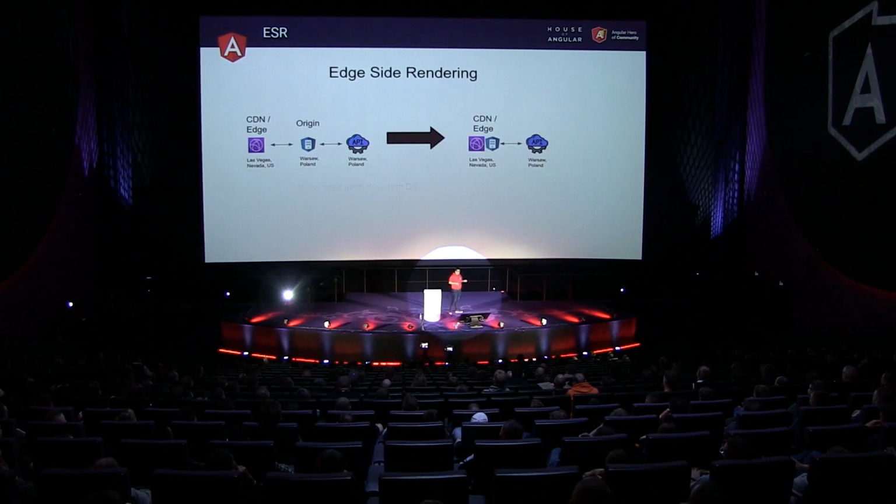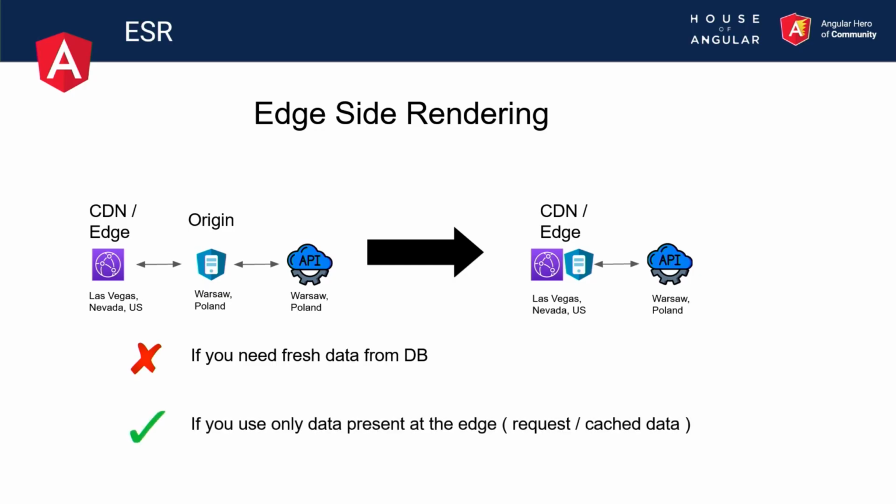It's too hard to bring the entire infrastructure to the edge. So this pattern is not good if you need fresh data from the database, but it can be good if you never go beyond the edge to reach for data. So you only use the data present at the edge, for example, from the request or from other cache stuff at the CDN.